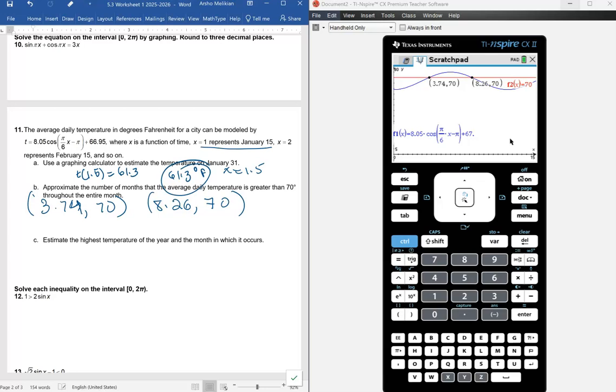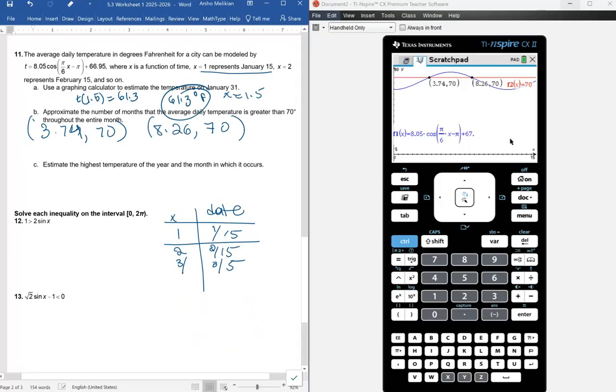Okay, now let's talk about what this means. X equals 1 is January 15, right? And so this is the date. X equals 2, February 15. X equals 3, March 15. So what's 3.5? March 31st. So when I have 3.74, when is that?